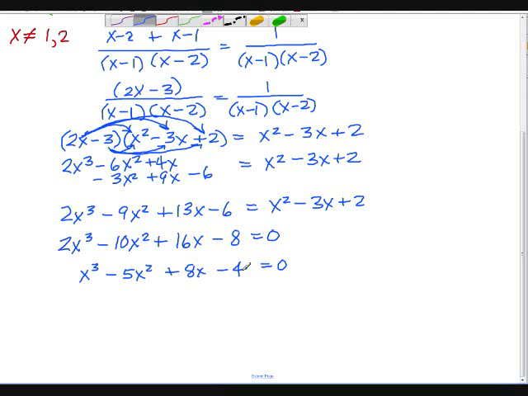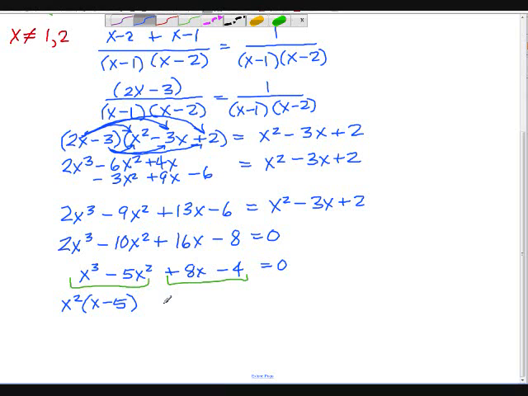Now when you have something like this with 4 terms in a polynomial, you've learned a technique for this, factoring by grouping, where you try pulling out a common monomial from the first 2 and a common monomial from the second 2. In this case, I've got x squared is common to both the first and the second. And that would leave me with x minus 5.